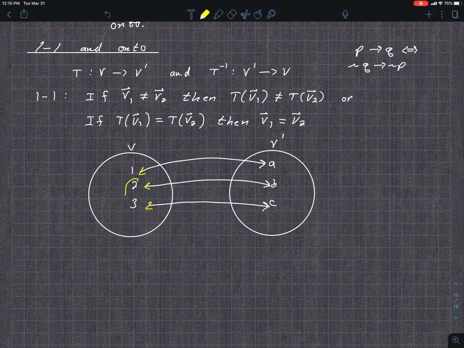So it's one-to-one. You can't have two different elements over here mapped to the same thing over here, because that would not be one-to-one. And we can't have one element mapped to two different things, because that would not be a function in the first place.